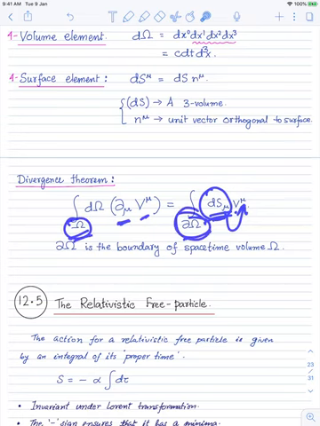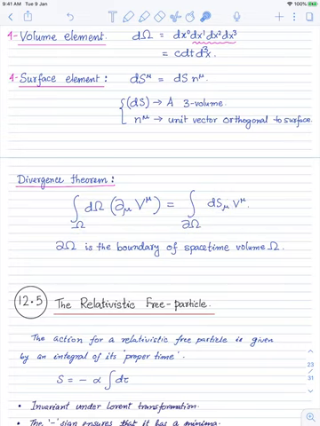So this is a 3-dimensional object, this is a 4-dimensional object, and this is the boundary of this 4-dimensional volume. Just like a 2-dimensional surface is the boundary of a 3-dimensional volume, a 3-dimensional surface is the boundary of a 4-dimensional volume.